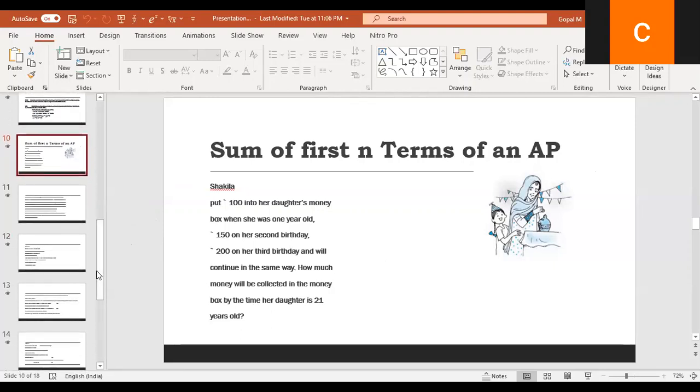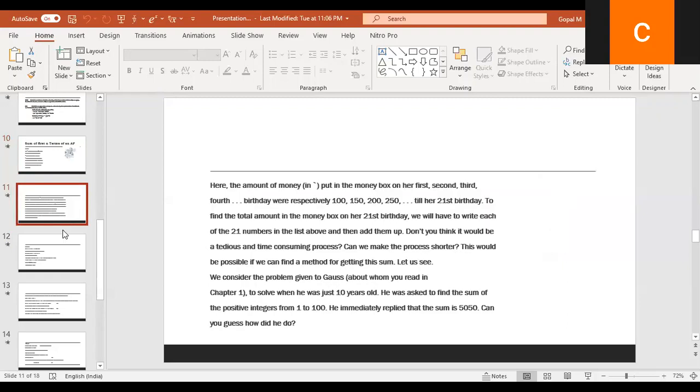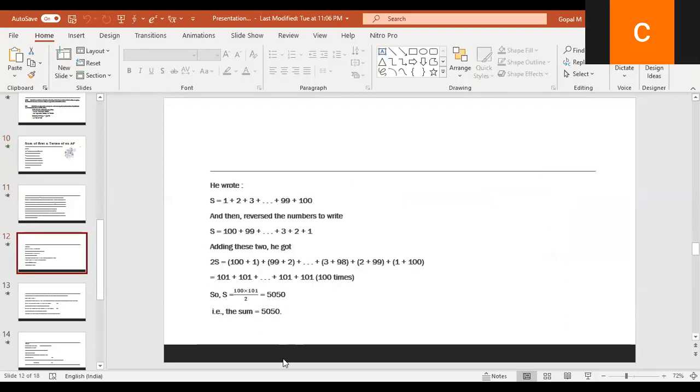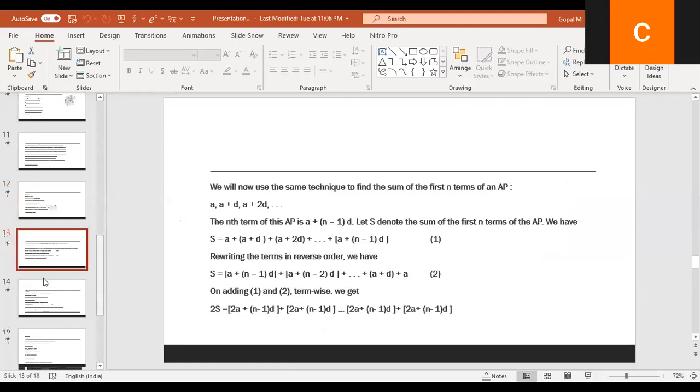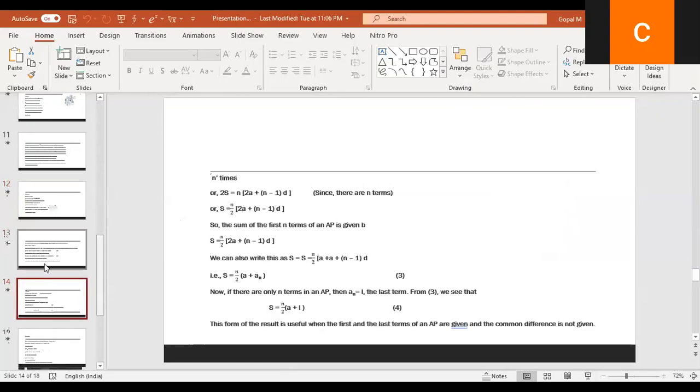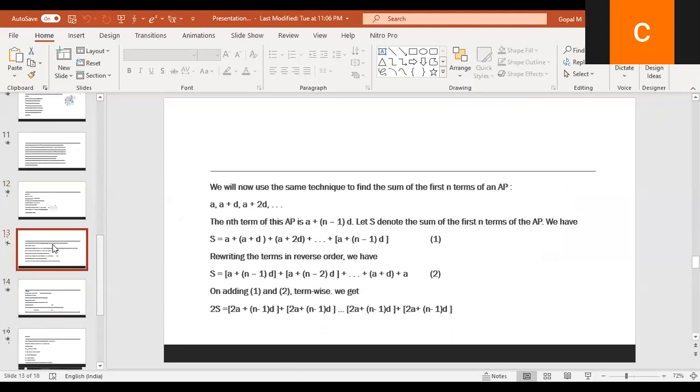What is the formula, Madan? Ma'am, an is equal to a plus n minus 1 into d. That is the nth term of an AP. I want the sum, the sum of n terms of an AP. Yes, Madan, we are waiting.